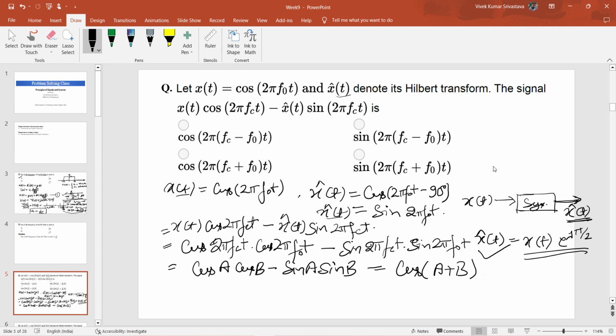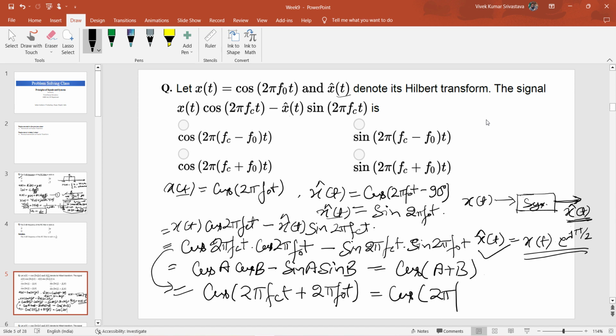Okay, so we can write this equation as cos of 2 pi fct plus 2 pi f naught t. Okay, so we can take 2 pi t as common in this, so you can obtain 2 pi in brackets fc plus f naught into t. So option c is the correct option here.